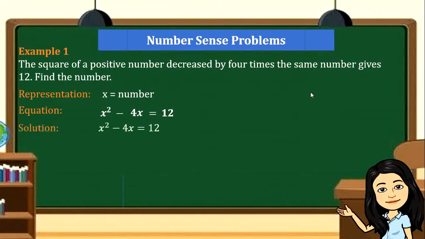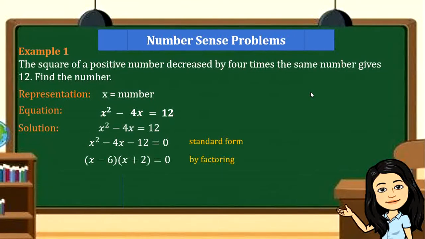For the solution, we have x squared minus 4x minus 12 equals 0 as its standard form. Next, by factoring, we have x minus 6 times the quantity x plus 2.